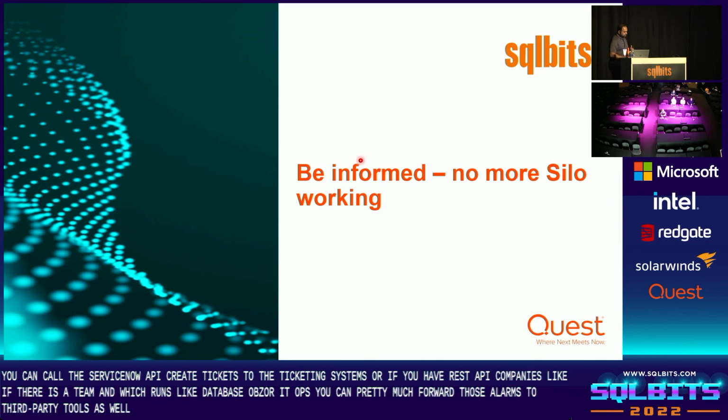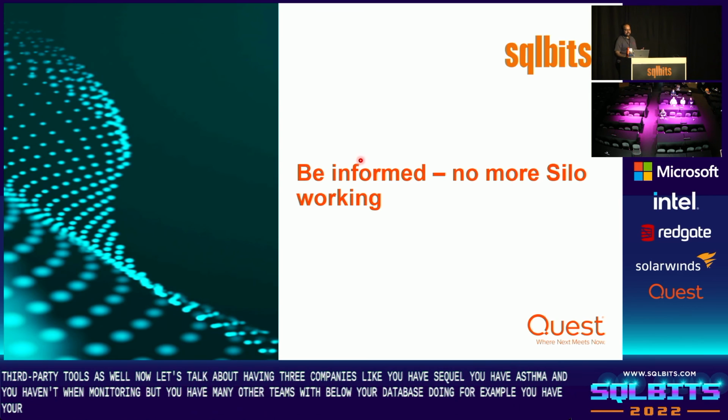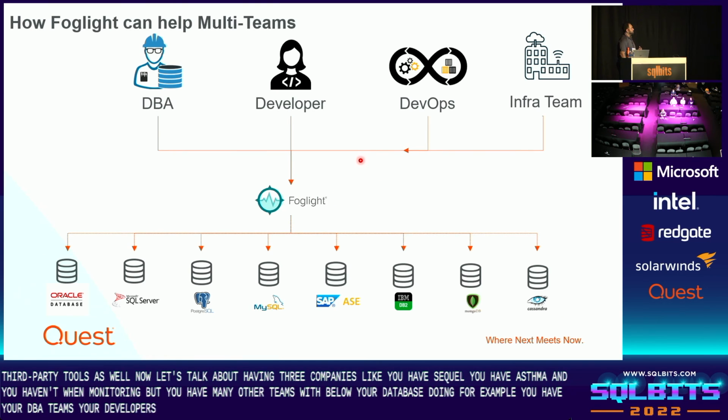Now, let's talk about having three components: you have SQL, you have Azure, and you have end-to-end monitoring. But you have many other teams below your database team. For example, you have your DBA teams, your developers, your DevOps or infrastructure teams.